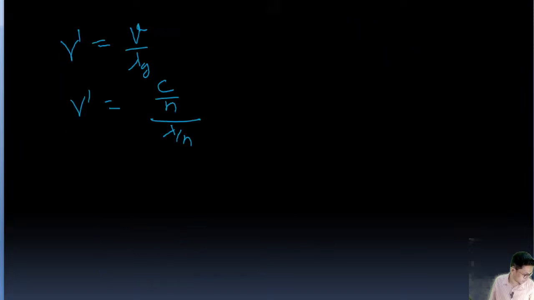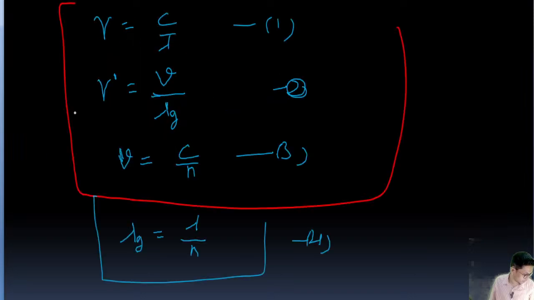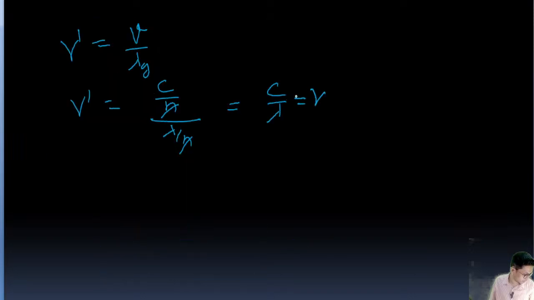So n is going to get cancelled, and frequency is going to be C by lambda, that is nu. So this implies nu dash equal to nu. It means the frequency will remain the same, guys.